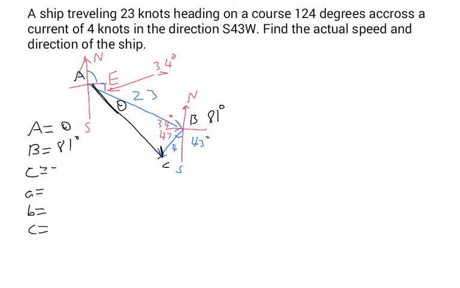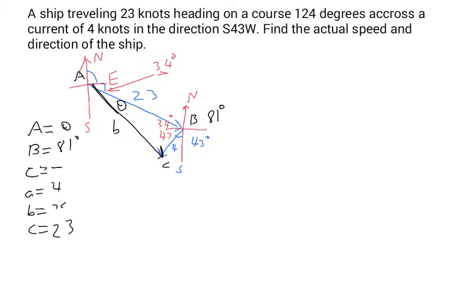C we don't know. Little a is 4. Little b we don't know. That's here. That's the actual speed of the ship. And C is 23 knots. So looking at that information, we can see that we are going to be using the cosine rule.